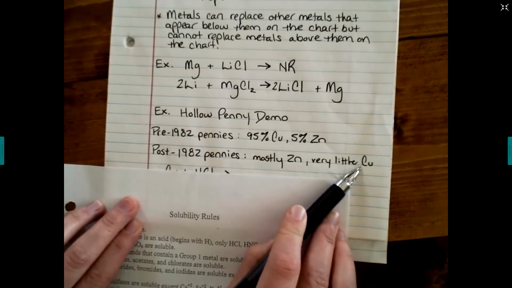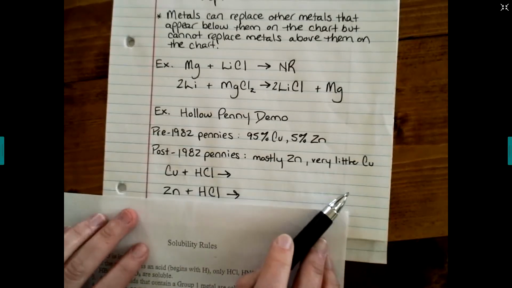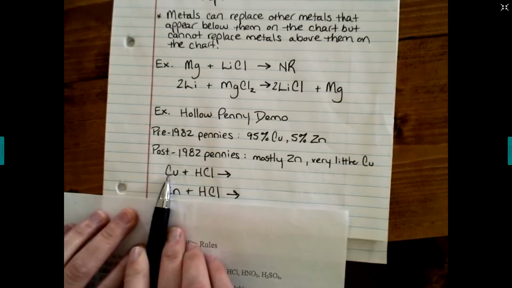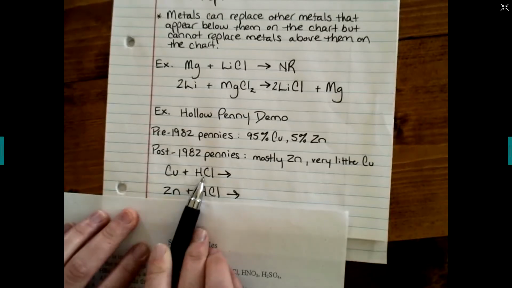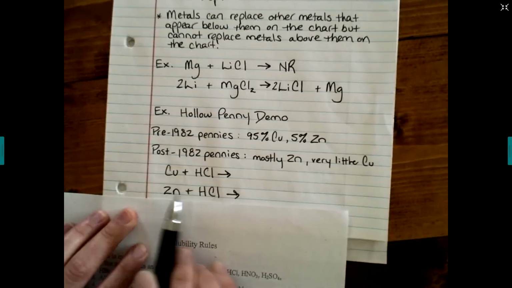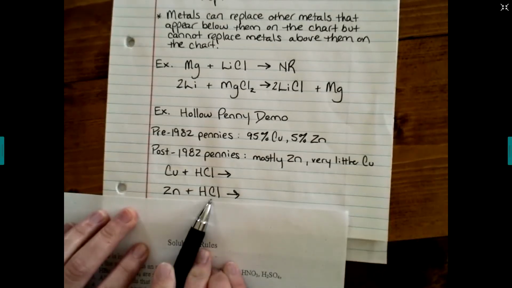So a demonstration that you can do to prove this is to put an old copper penny, again this is pre-1982, in hydrochloric acid, and we're going to predict what should happen. Versus if you put a newer penny, anything after 1982, in acid, what is going to happen?